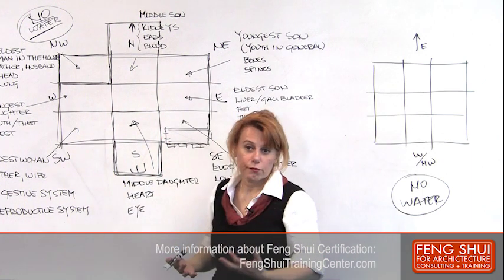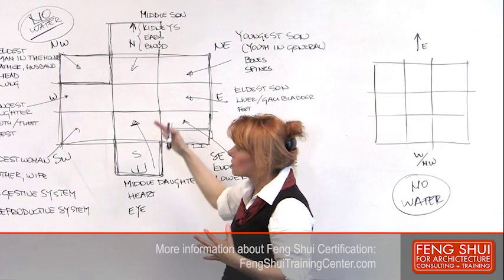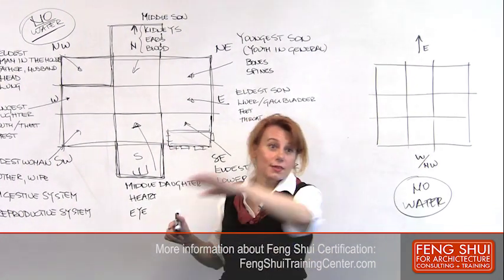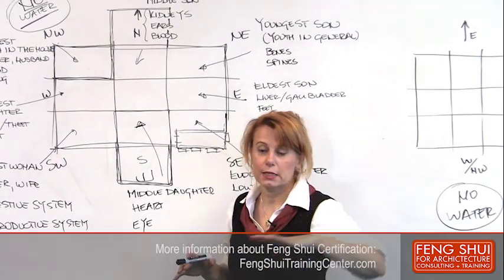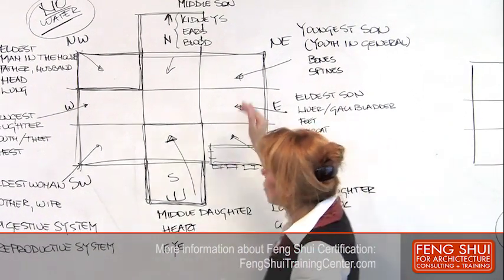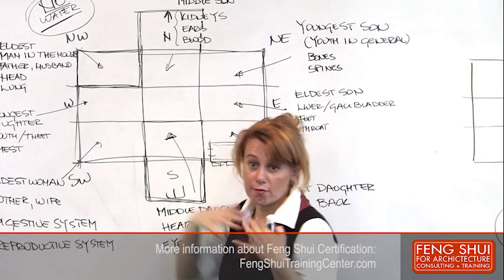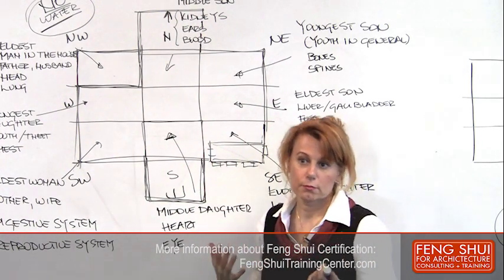Generally speaking, that's why a lot of books tell you the entire house should always be clean and organized and have a smooth flow of qi, because in that way you're sure that the qi is well balanced for every part of the body.